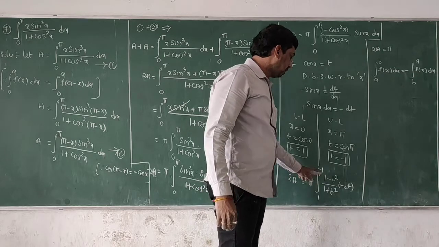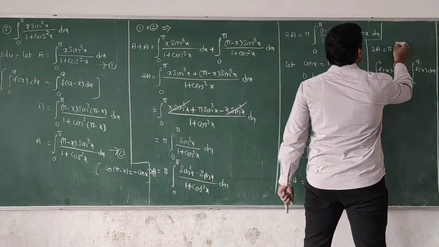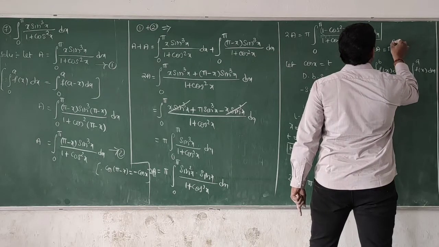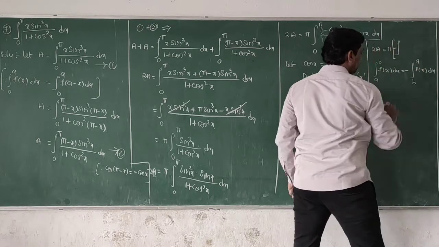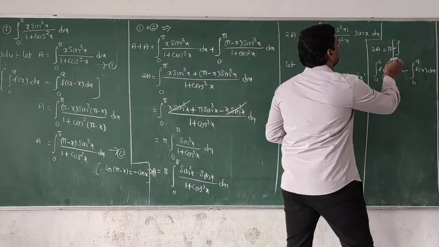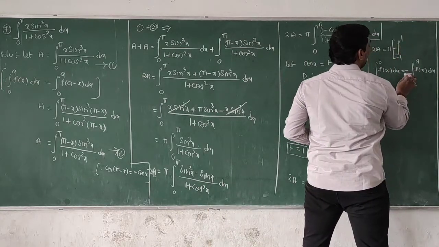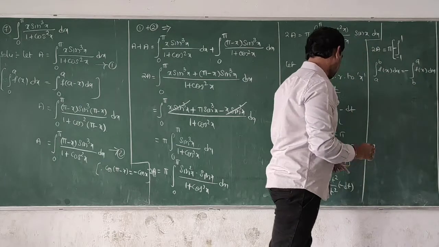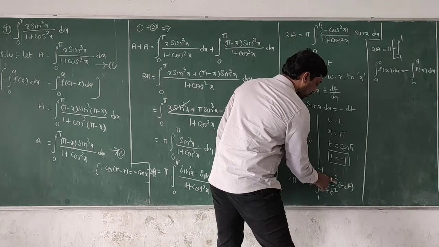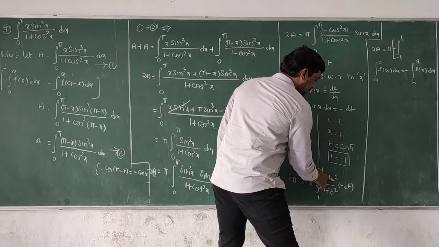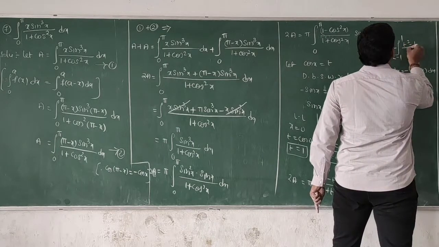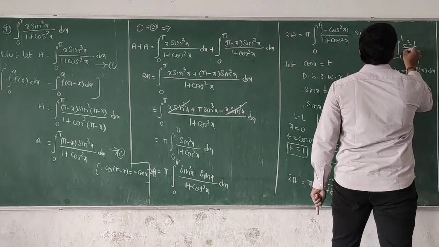That's why this can be written as pi into integration minus of, by using this formula, 1 to minus 1 I am writing minus 1 to 1. That's why minus, b to a, 1 minus t square, multiply with the negative to the internal function, then we get minus into (t square minus 1) by (1 plus t square).